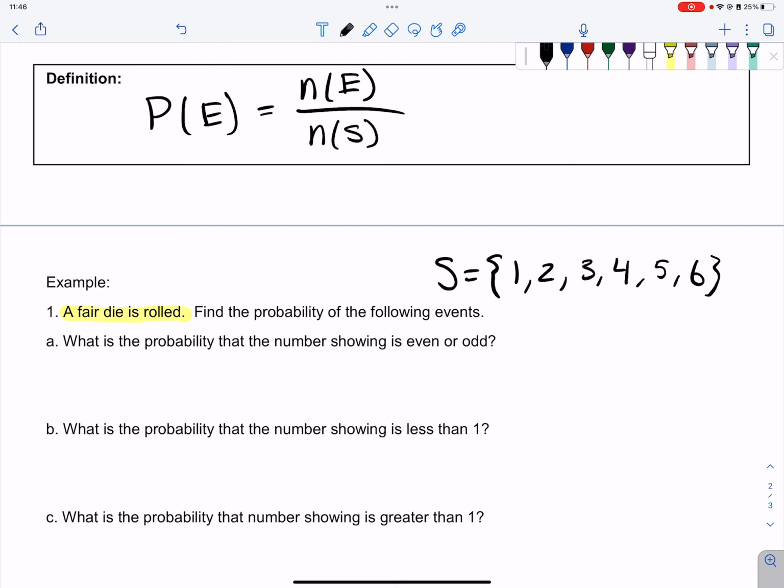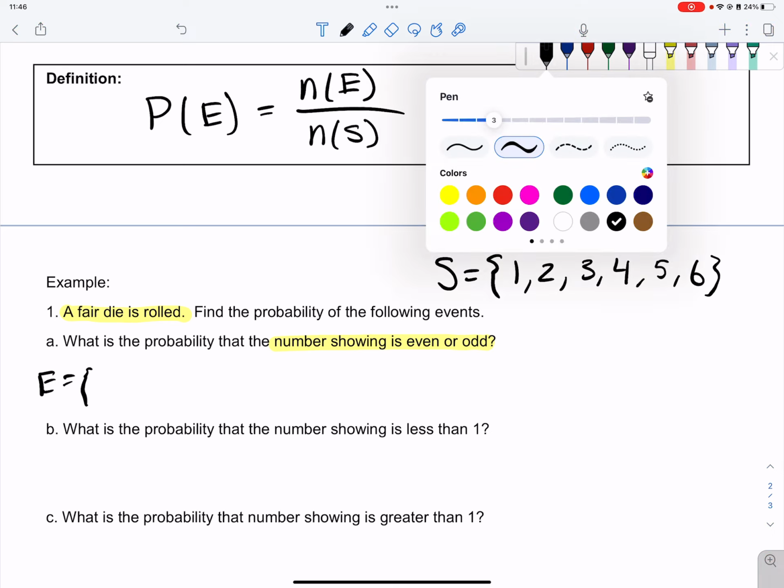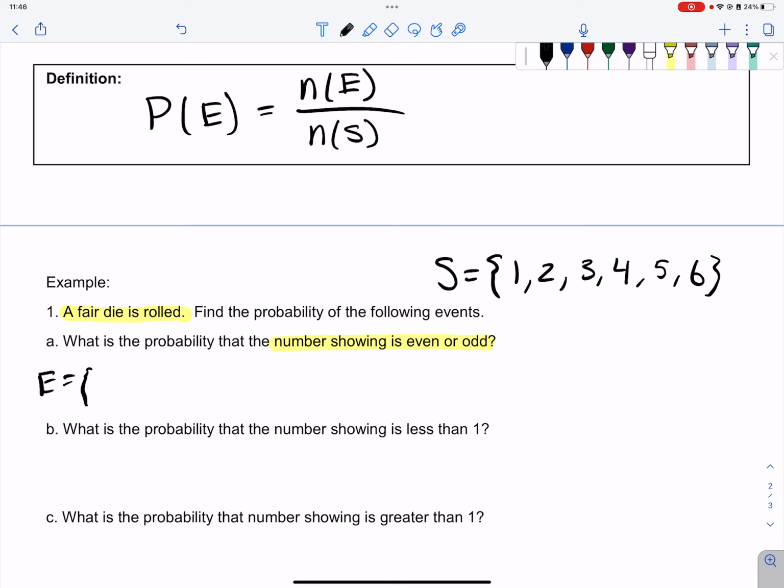And now, if I look at part A, it asks me to find the probability that the number showing is even or odd. So this means the things in my event is going to be all of my numbers from my sample space that are either even or odd. Well, if we just think about that, that is going to be all of them. So 1, 2, 3, 4, 5, and 6 all satisfy that criteria of being even or odd.